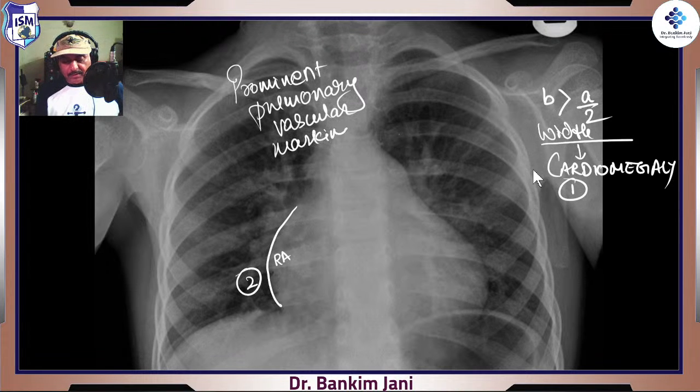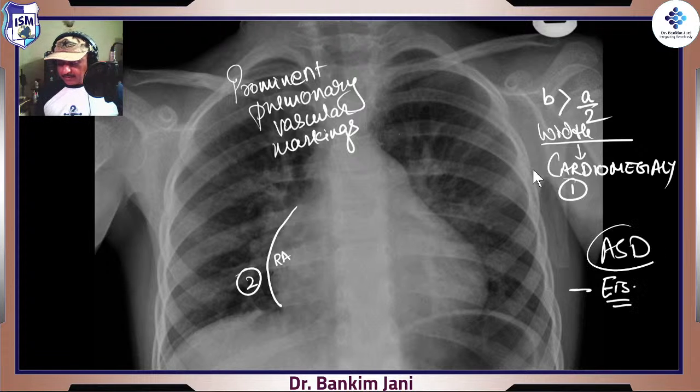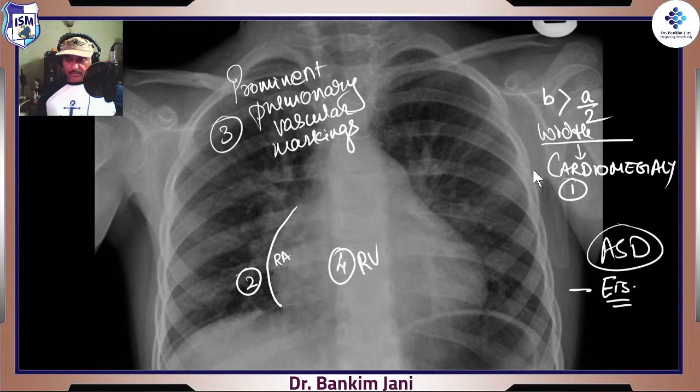Now this is for ASD minus Eisenmenger complex. That is, the Eisenmenger complex has not yet been established. But these are the three important markings. And when you take the lateral X-ray, you'll find that even the right ventricle is enlarged.